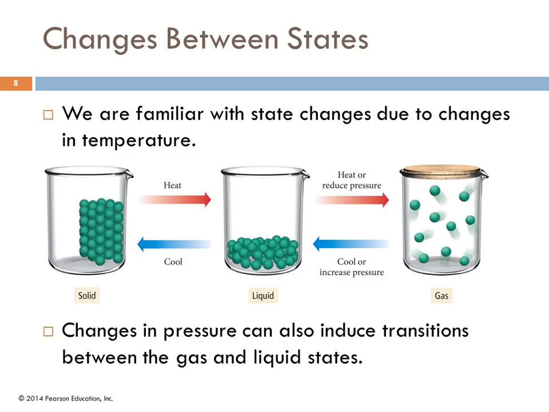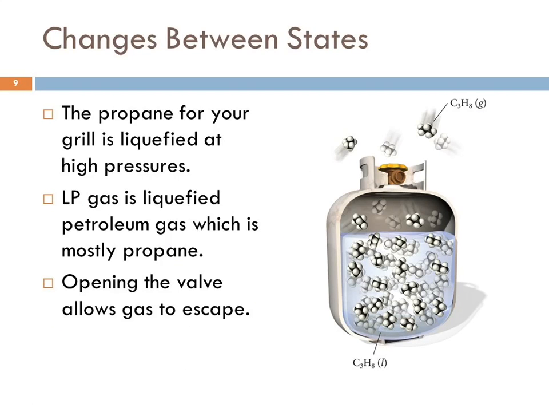But changes in pressure can also cause transitions between gas and liquid states. I think most of us are familiar with gas grills and propane cylinders. Even if you don't have one, you see them outside convenience stores and Walmart and stuff.